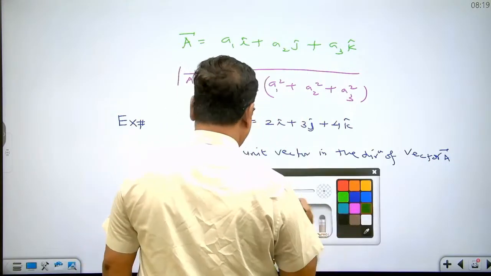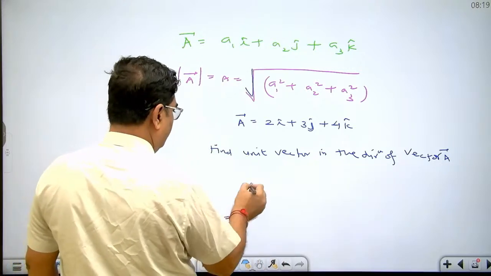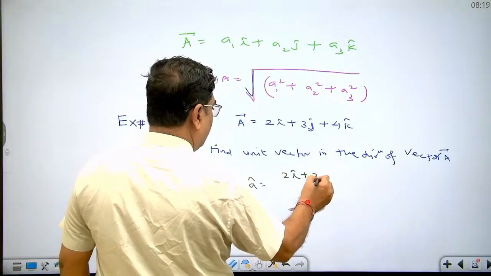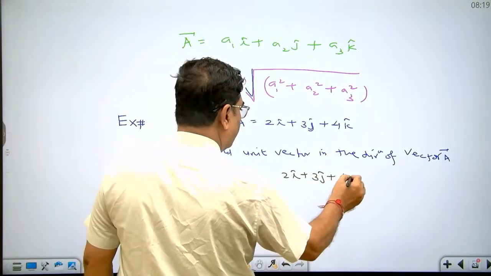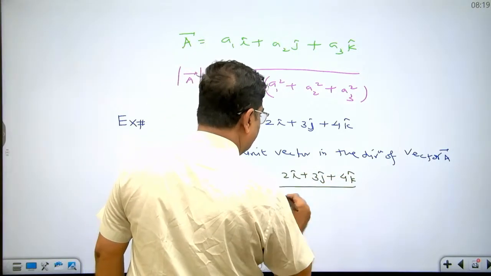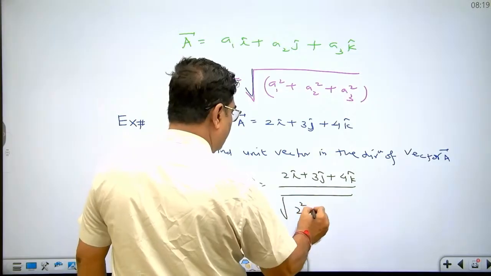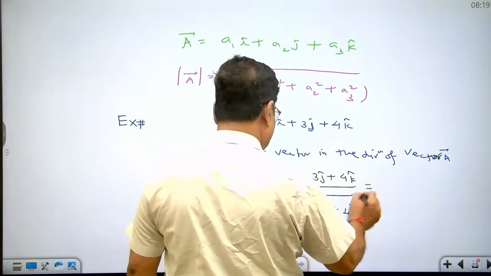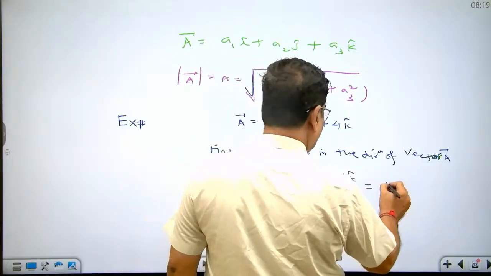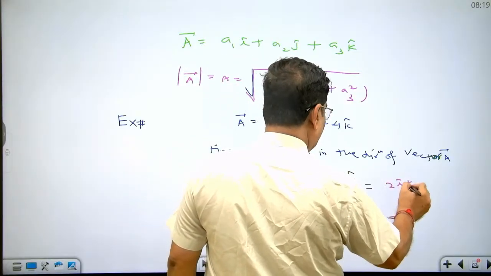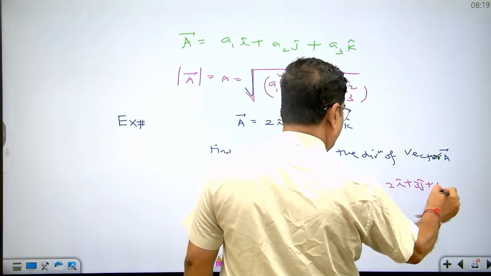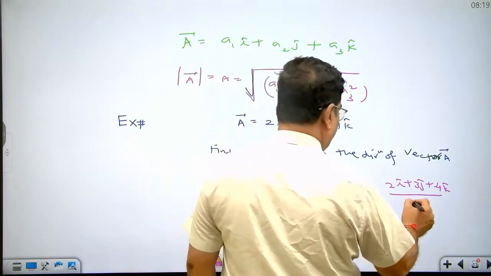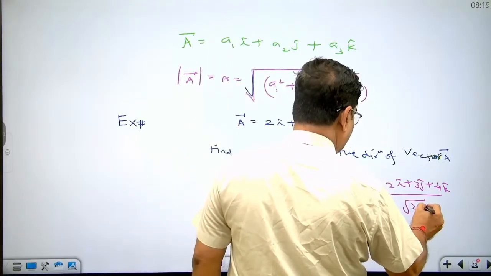So we can easily write this is vector 2i cap plus 3j cap plus 4k cap, and its magnitude is 2 square plus 3 square plus 4 square, which can be written as 2i cap plus 3j cap plus 4k cap divided by root of 4 plus 9 plus 16, that is 29.